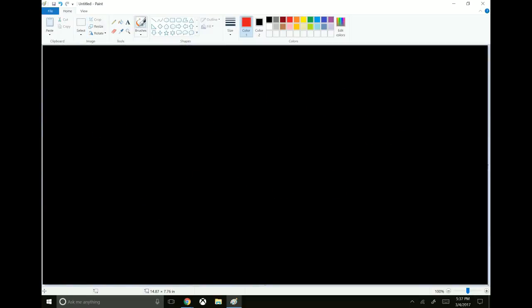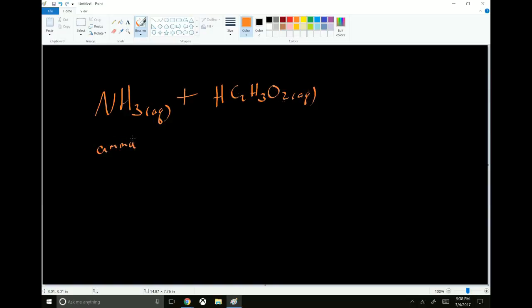But for example, if you throw NH3, a nice weak base, into solution with HC2H3O2, this is ammonia, and this is acetic acid, they will react to form NH4+ and C2H3O2-.